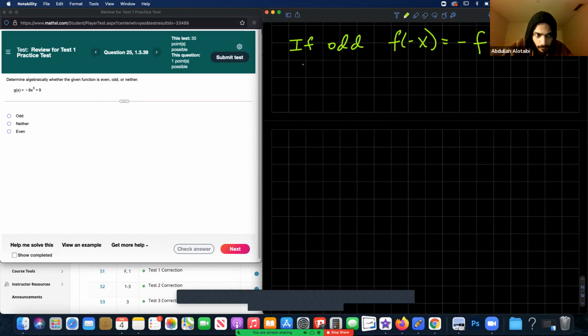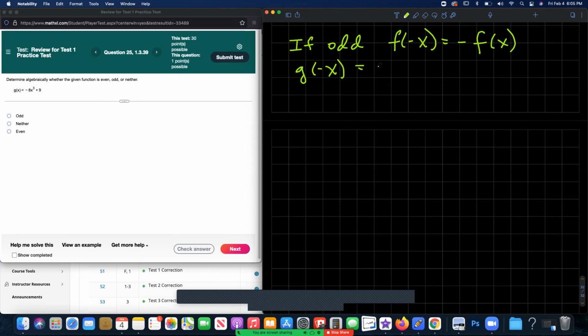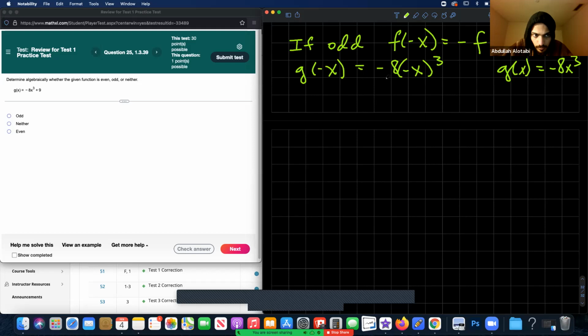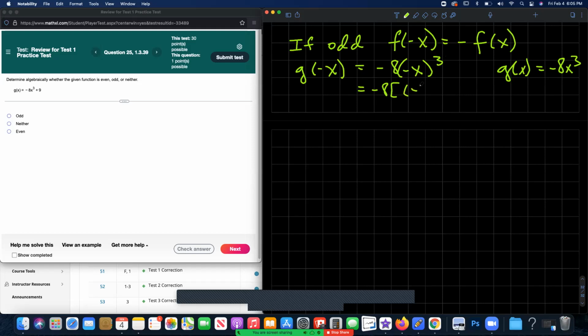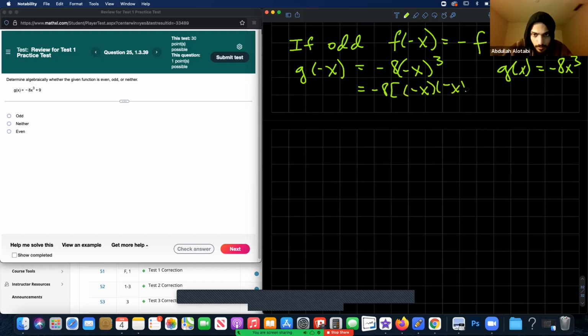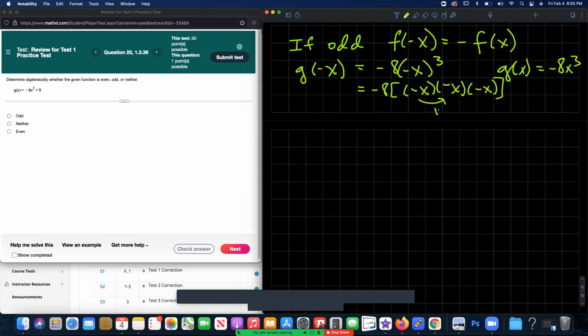So for example, if I do g of negative x, I end up with -8 and then negative x cubed. Suppose instead g of x was just -8x cubed. Then if I plug negative x in, I get -8 times negative x cubed. If I multiply negative x by itself 3 times, negative times negative is positive, times negative is negative, so I get a negative value.